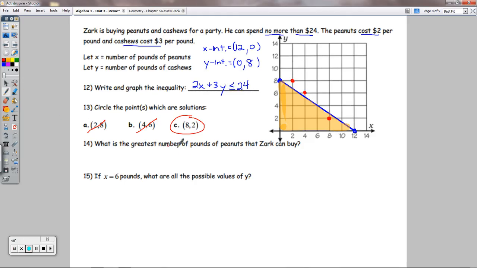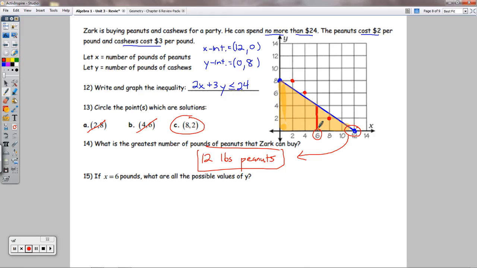For the greatest number of pounds of peanuts that Zark can buy, peanuts was the x value. So if I find the biggest x value that's possible, it's right there. That would be 12 pounds of peanuts. And if x equals 6 pounds, here's x equals 6 right here. What are all the possible values for y?